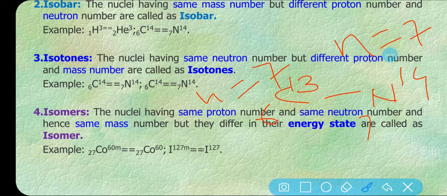Here the proton number is 6, here the proton number is 7, right? And the mass number is different. Here the mass number is 13, here the mass number is 14. So this is carbon C6 13, not 14.